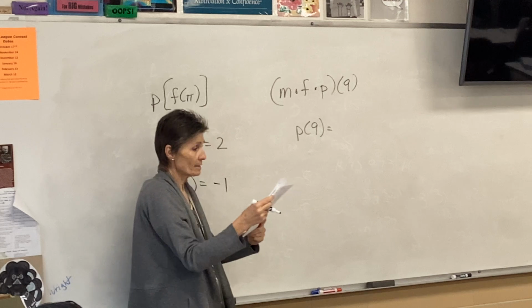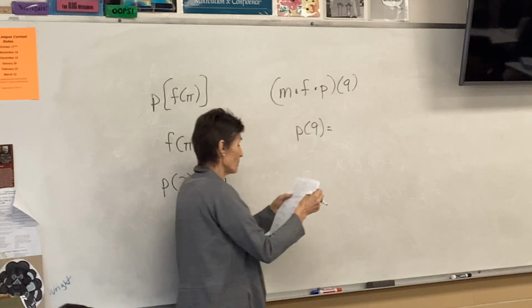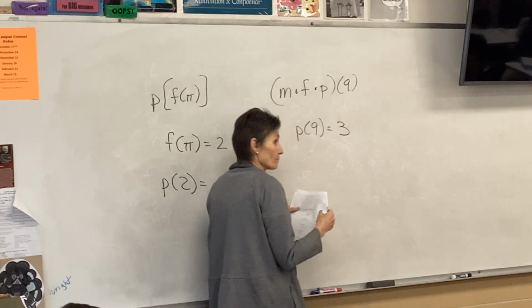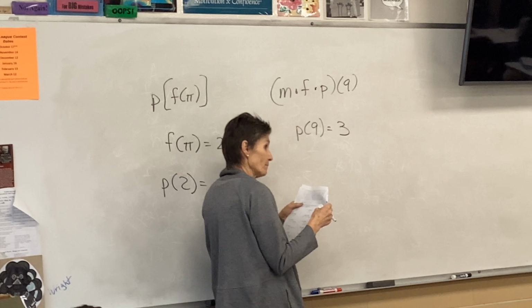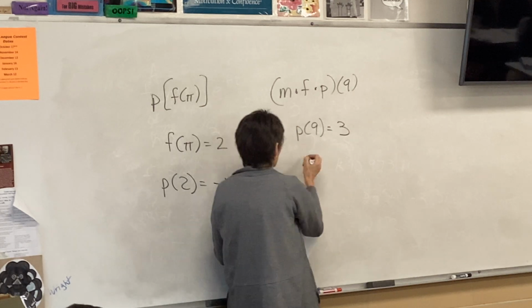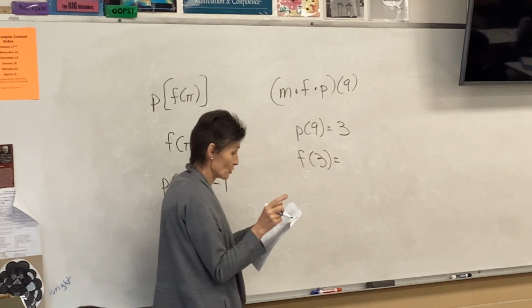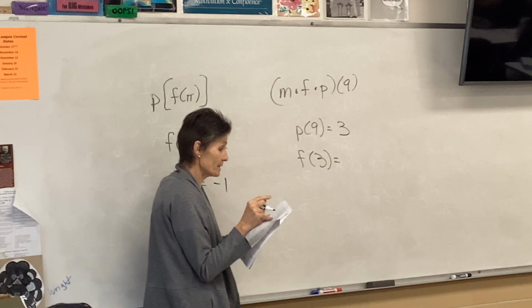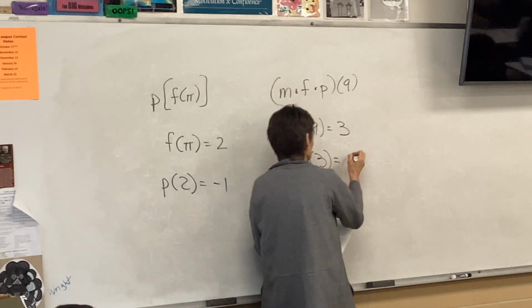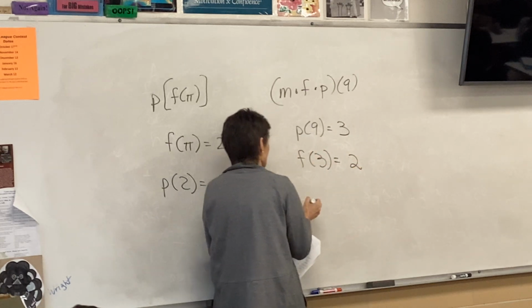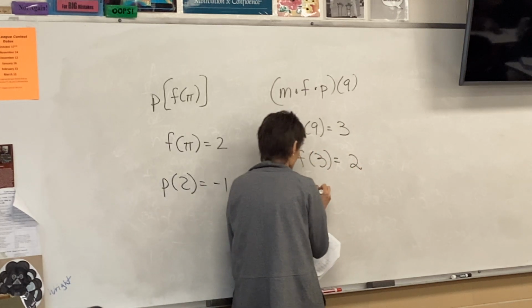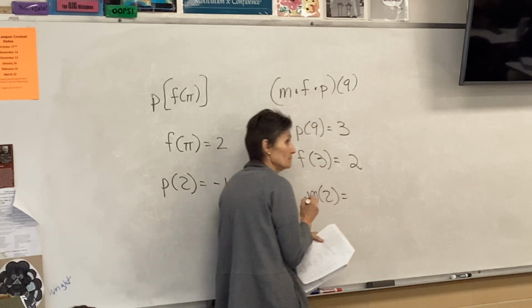And p is the chart. So p of 9 is 3. And then I'm going to take that 3 and put it into f. F is the picture, and f of 3 is 2. And then I'm going to take the 2 and put it into m.